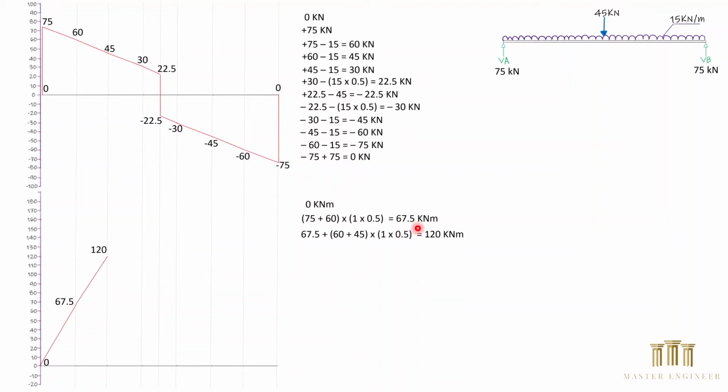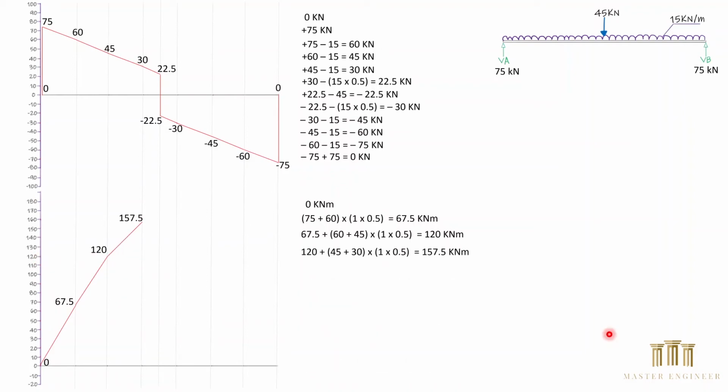Next, we have the 67.5 kilonewton meter plus 60 plus 45 multiplied by the distance, which is 1 meter, multiplied by 0.5, equals 120 kilonewton meter, which is about here.